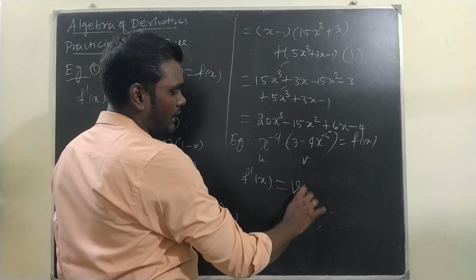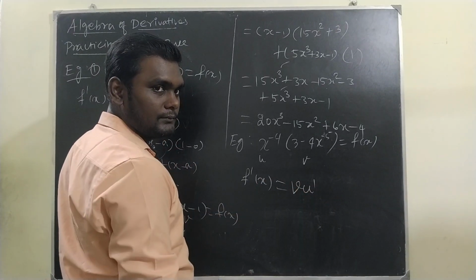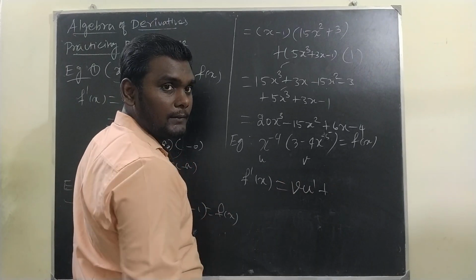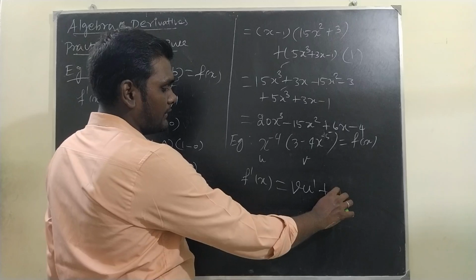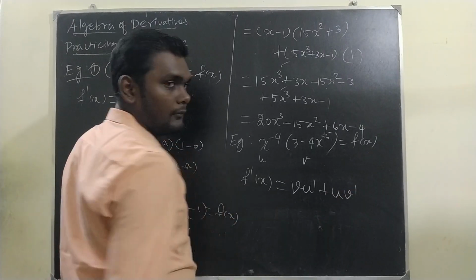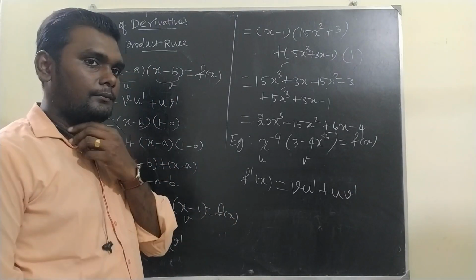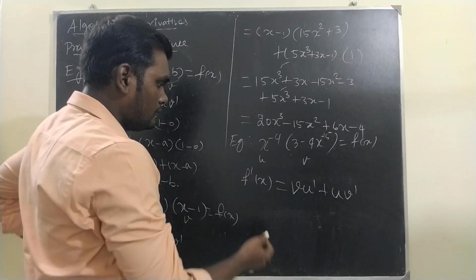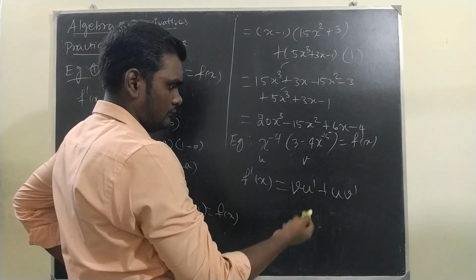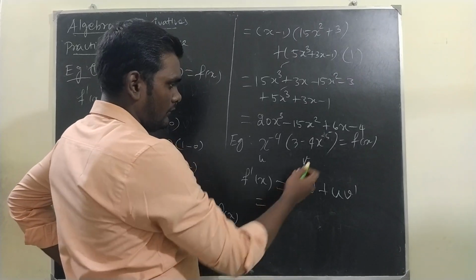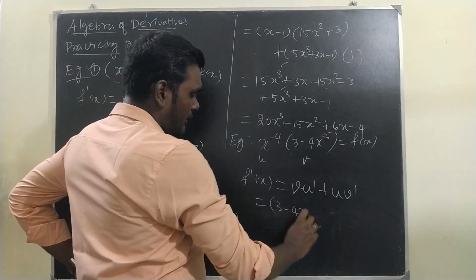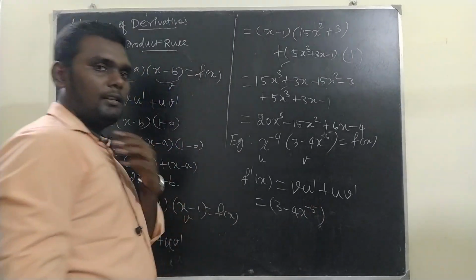Yes. v u dash plus u v dash. Okay. And v is what? 3 minus 4 x power minus 5. Then u dash.